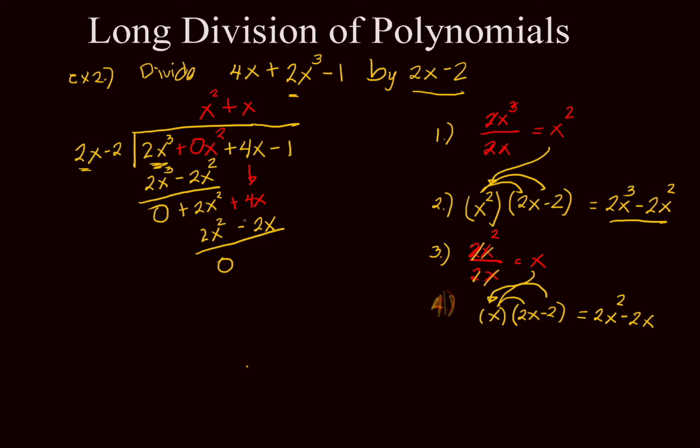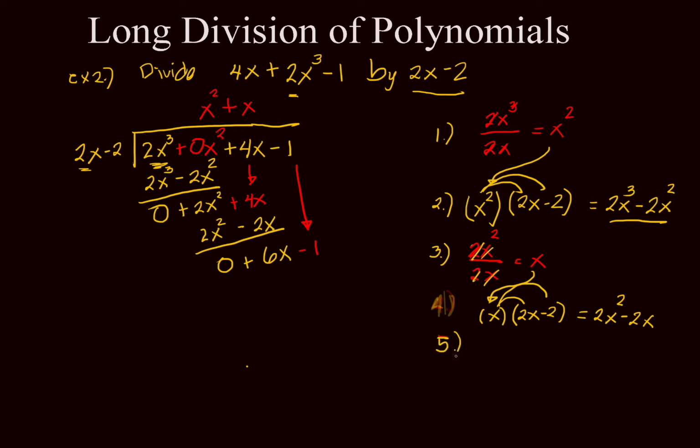4x minus negative 2x. That's skip, flip, and change. That will just give us a positive 6x. And then guys, the next step is we're just going to bring down our negative 1. And then the entire process repeats itself again. So let's take a look at step number 5.